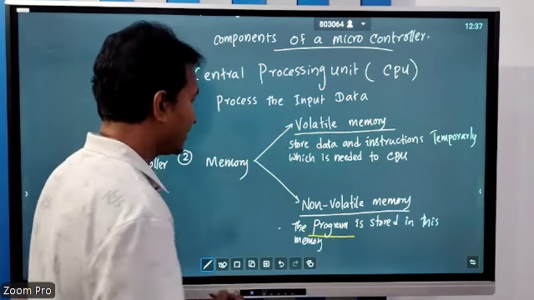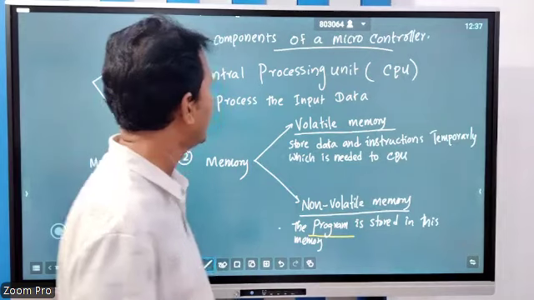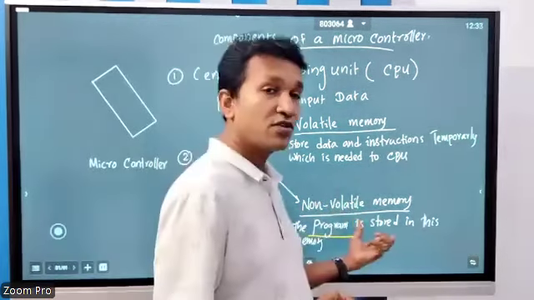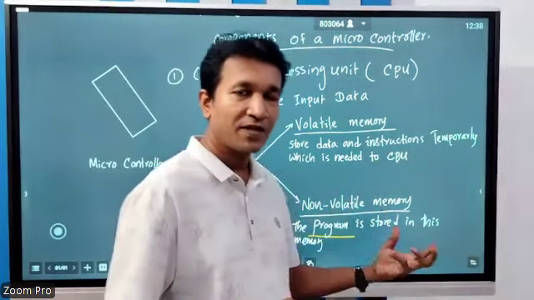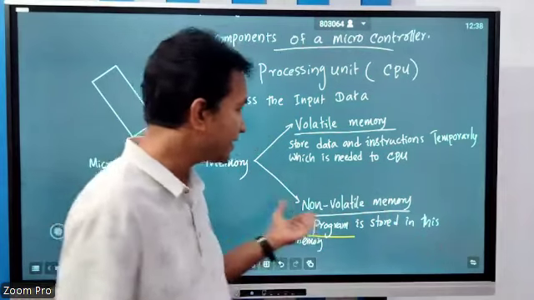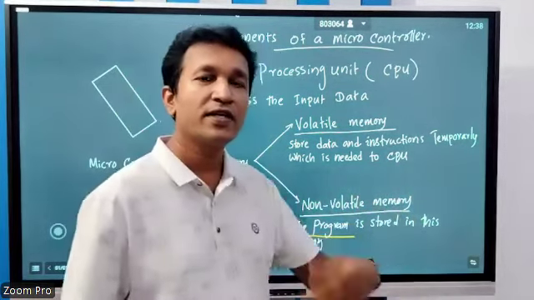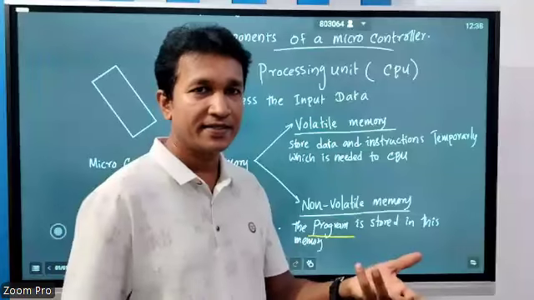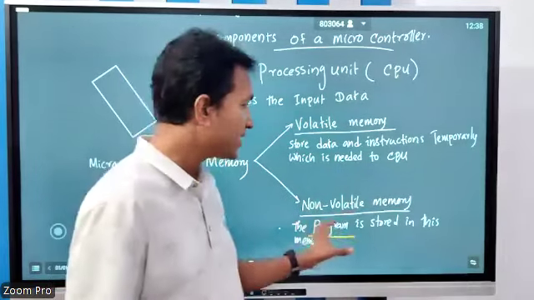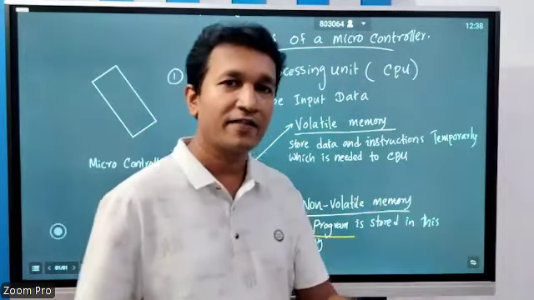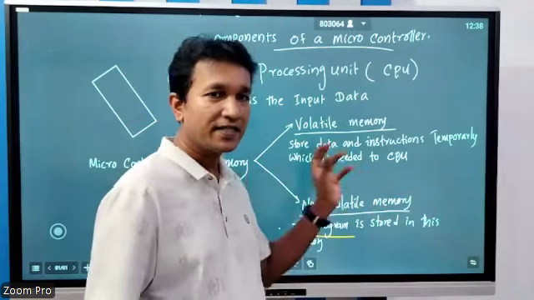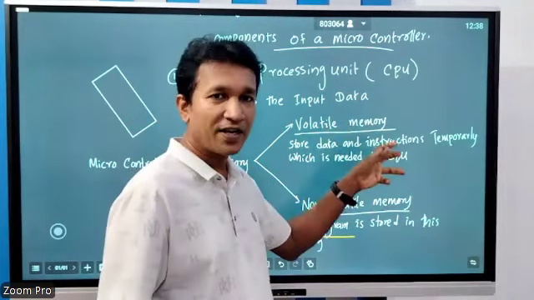Why? What will happen if this is stored in volatile memory? Once the power is not there, this will erase. So then how does the microcontroller work? If this gets erased when the power goes, how does the microcontroller process data?